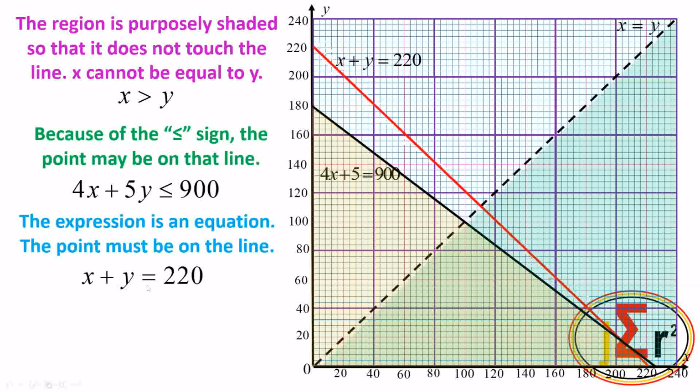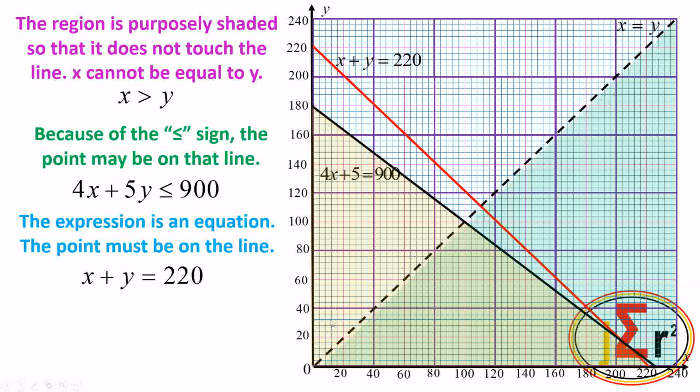X plus y is equal to 200. Any point that is a solution of this problem must be on this line. Now we see how a lot of the points are eliminated. Any point that we choose cannot be on this line, the dotted line.